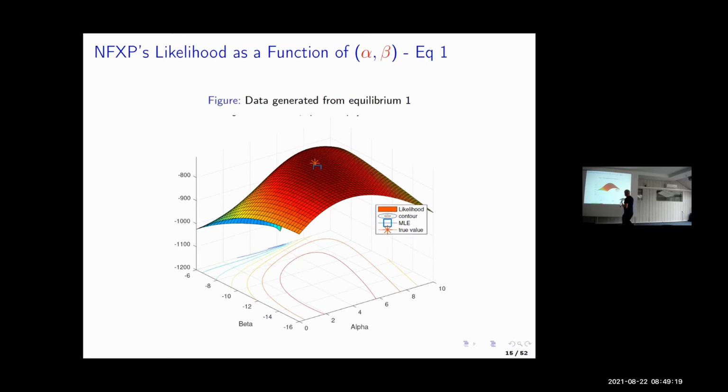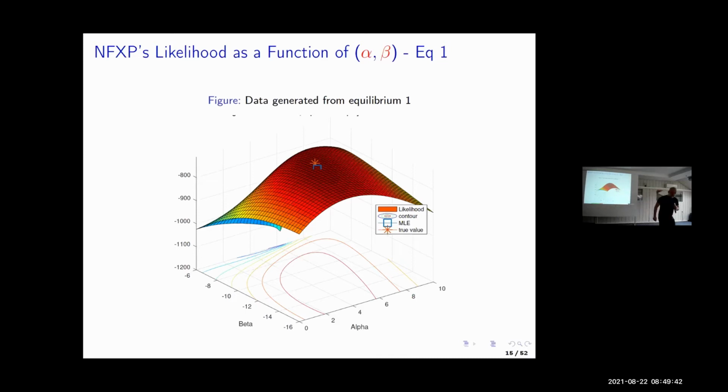Here's the true value, and here's the maximum likelihood estimate. It's at the top of the likelihood, and we were able to uncover that parameter. That looks pretty good. You see fancy contour plots and everything, but this is the top of the likelihood.